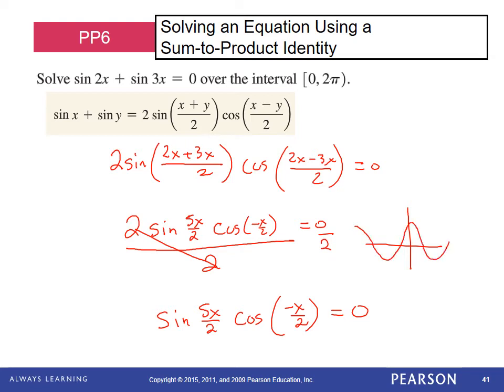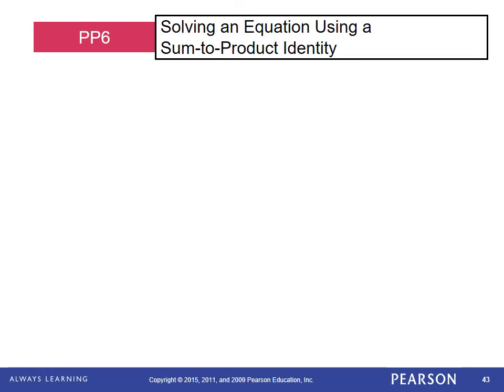Cosine curve, right? 0, 1. Does it matter if I go to the negative x or the positive x? No, I'm going to get the exact same value. So with cosine, you can drop the negative out of the angle. With sine, you can't do that. You have to get the negative to the outside. So even easier is sine of 5x over 2 multiplying cosine of x over 2.